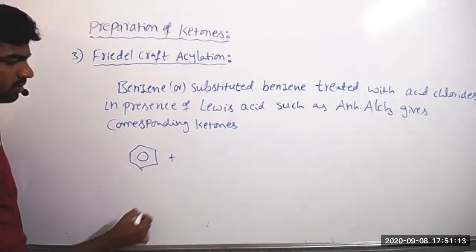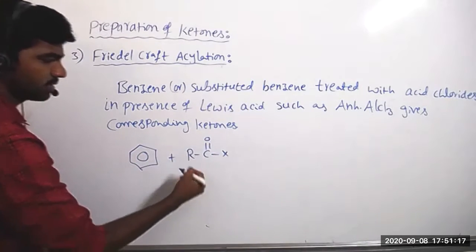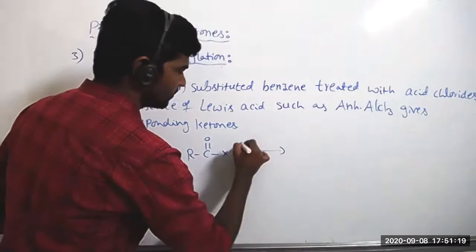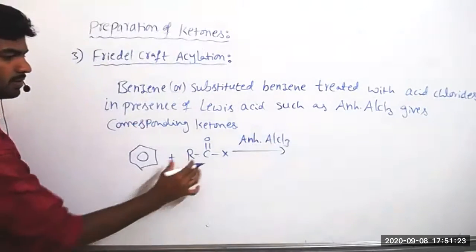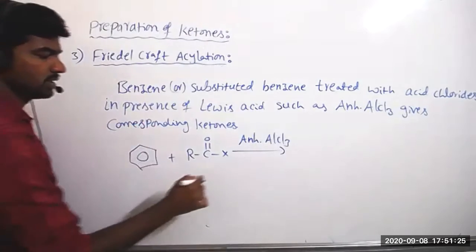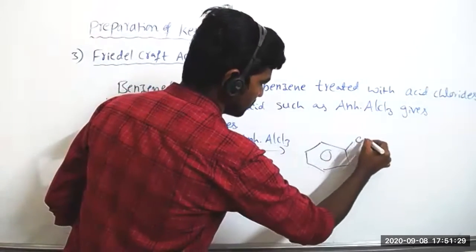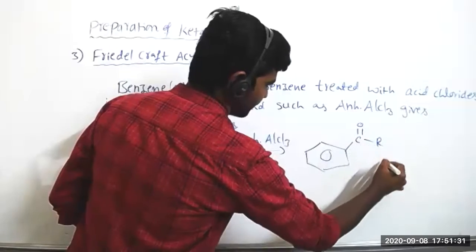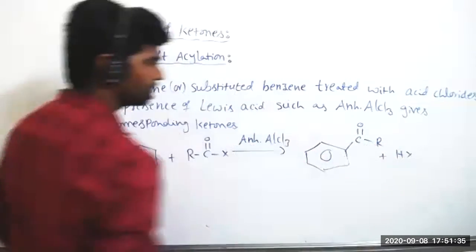Benzene, when treated with acid chloride RCOX in presence of anhydrous AlCl3, this COR is attached to the benzene ring. And the byproduct is HX. So this is a ketone.